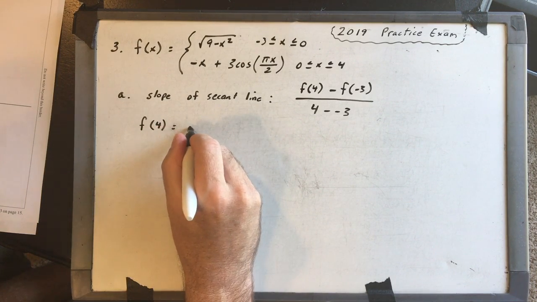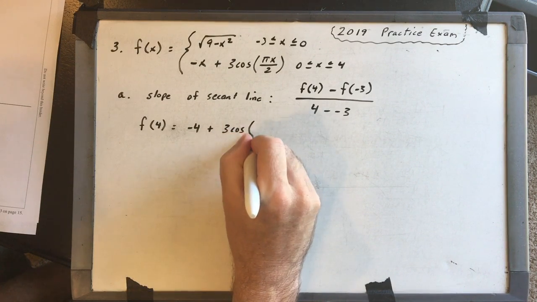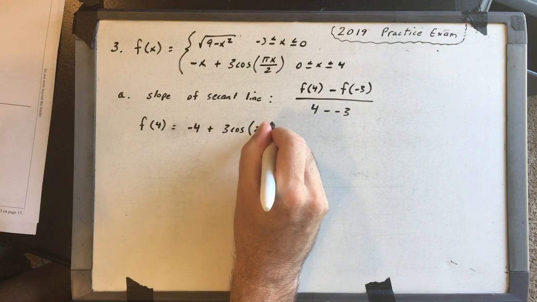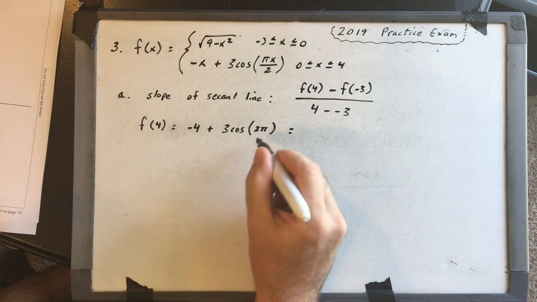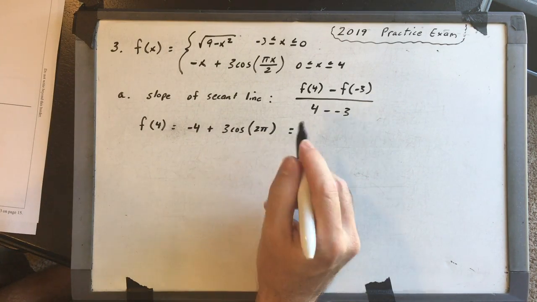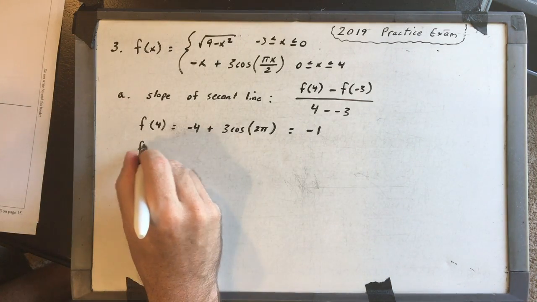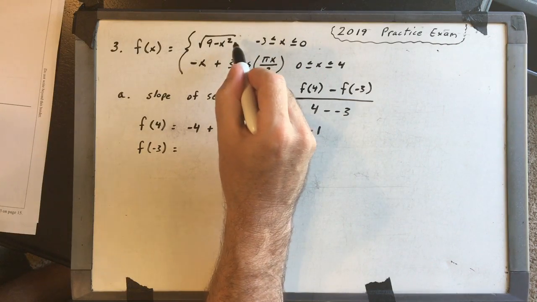So that'll be negative 4 plus 3 cosine 4 pi over 2. So that's 2 pi. All right, so cosine of 2 pi is 1, so it's negative 4 plus 3, which is negative 1. And then f of negative 3, we would have to use the top equation, right?